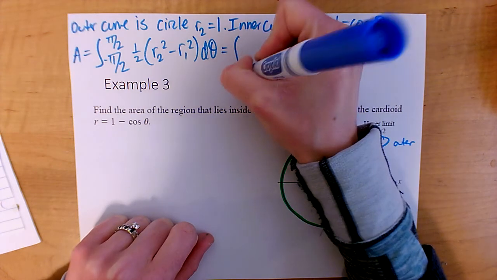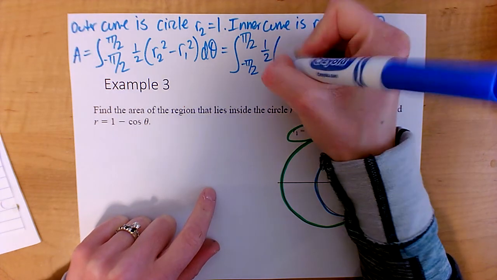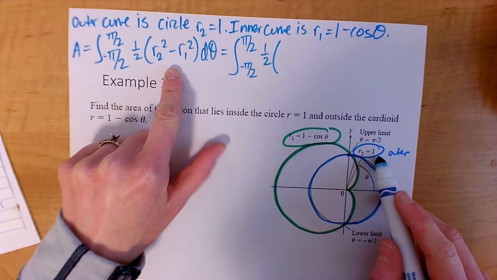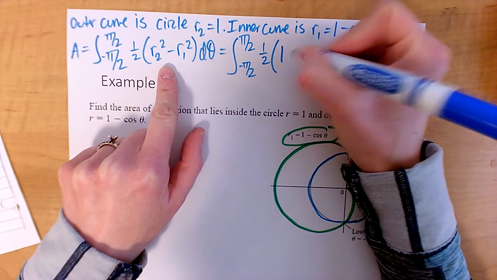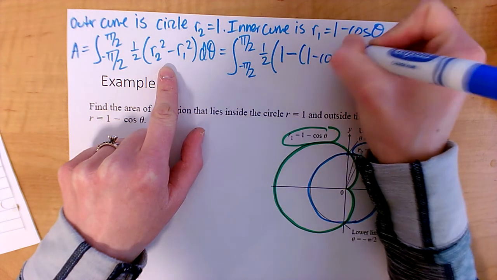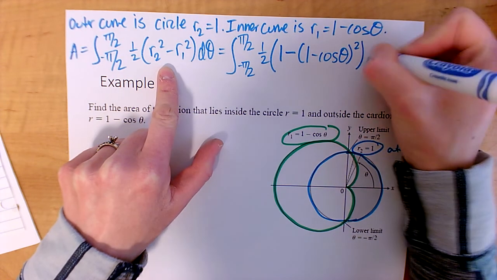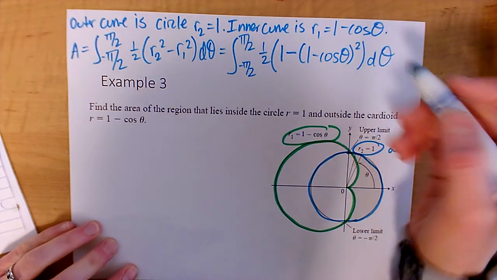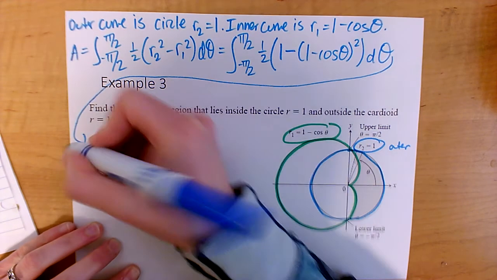So we've got negative pi over 2 to pi over 2, and our outer r sub 2, if we square that, we're just going to get 1, and then our inner is the quantity 1 minus cosine theta, the whole thing squared, d theta. We can kick that over here.